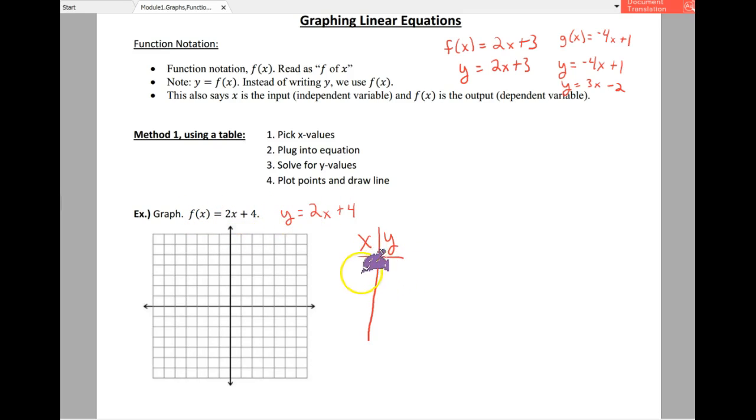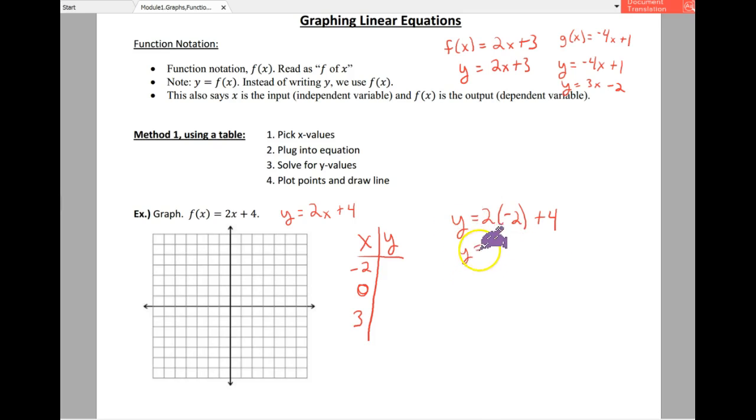So I'm just going to pick some random values. I'm going to pick something negative, something easy like 0, 0 is always an easy number, and something positive. And now I have to find the y coordinates that go with these x coordinates. So I'm going to plug in first negative 2 for x. And then I can simplify it to find the y value.